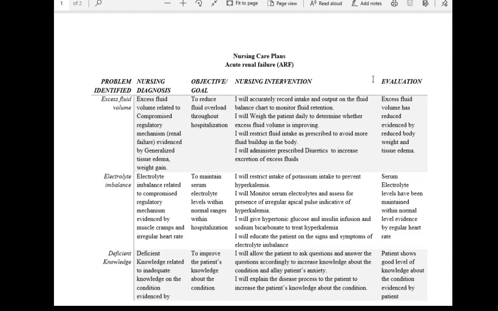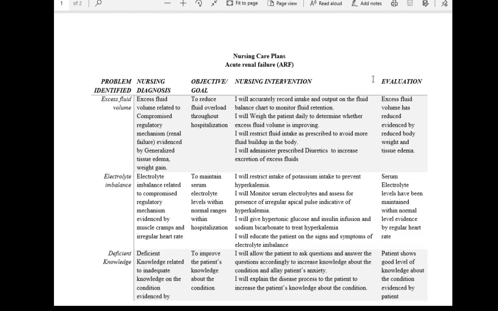So here you find that giving sodium bicarbonate helps neutralize and reduce this hyperkalemia or any other electrolyte imbalance. Therefore, we administer it to this patient.